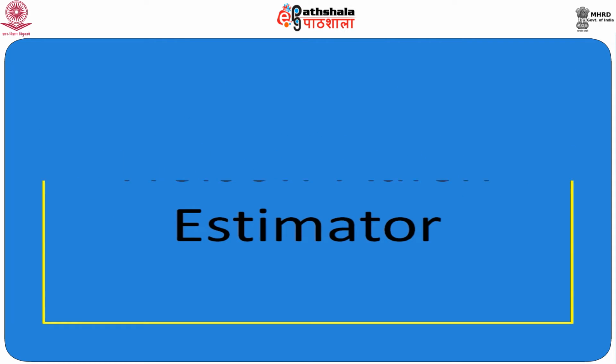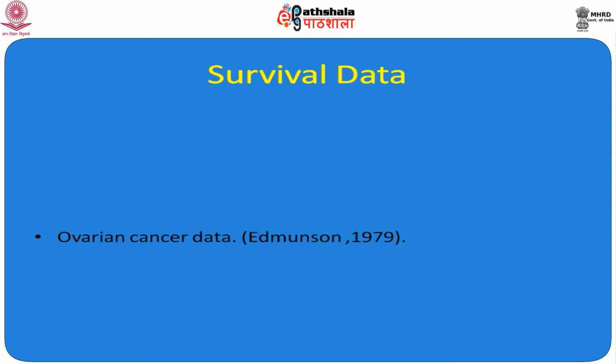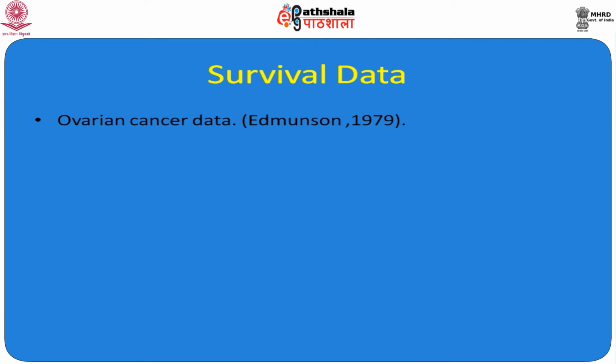This is the data taken from the ovarian cancer study in a 1979 article, where futime is given as the survival or censoring time of the patients, and fustat is given as the censoring status of those patients.